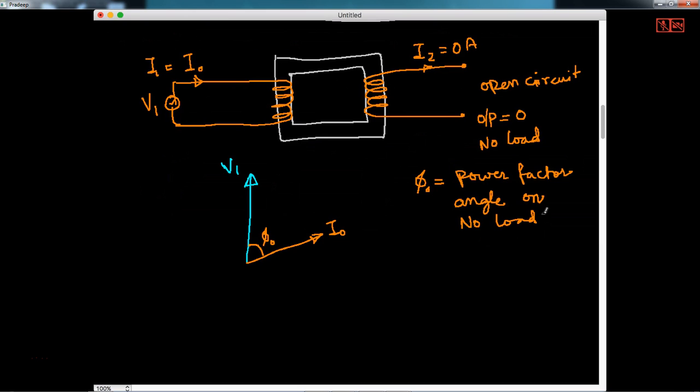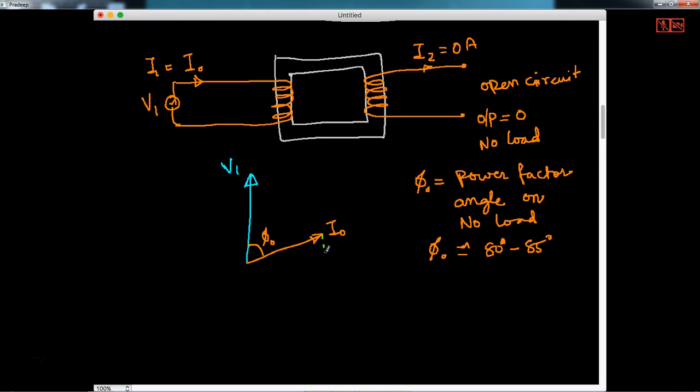So typically this power factor angle will be somewhere between 80 degrees to 85 degrees or something like that. So of course it can vary below 80 also. So roughly it will be like that. Now I can resolve this into two components.